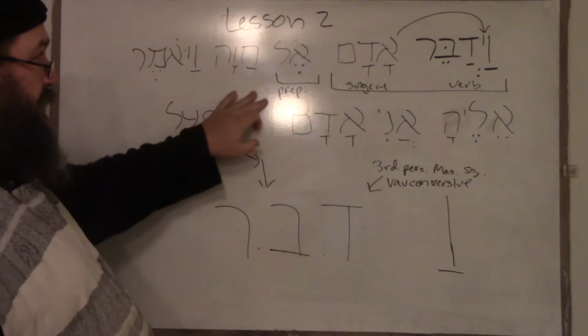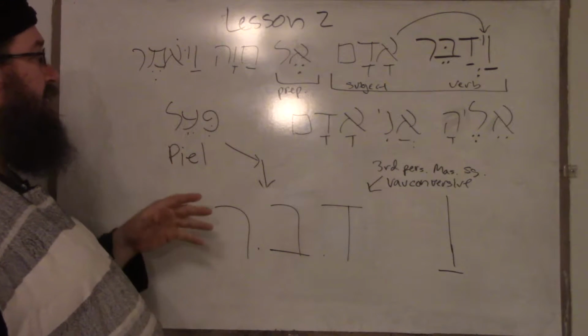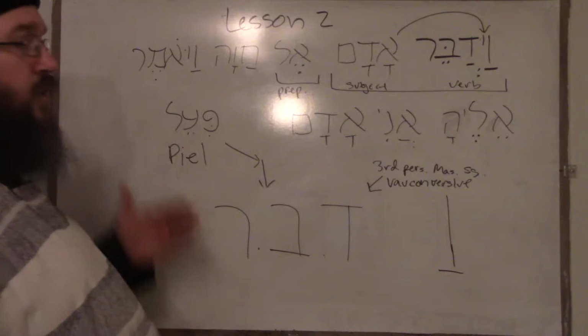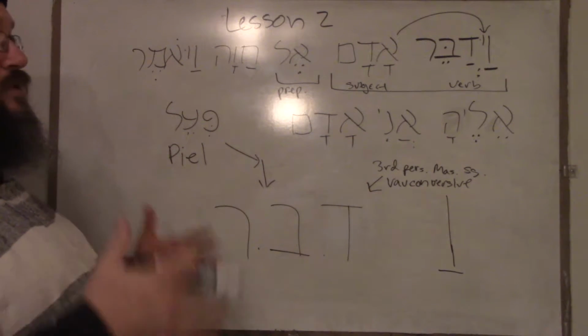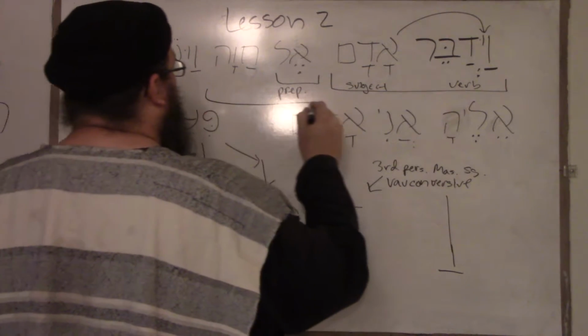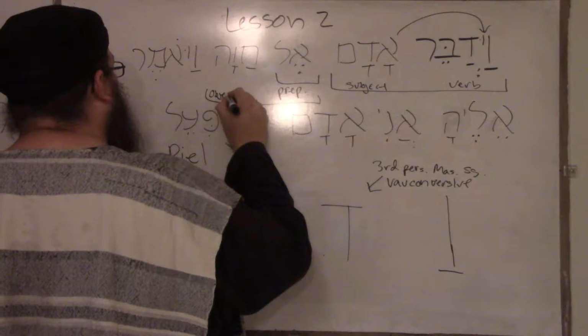So here we have the preposition el. So vaydeber Adam, el we know means to. Okay? So who is he speaking? He's speaking to someone. And who's the one he's speaking to, we know, is the next part. Okay? This is called the object of the preposition.